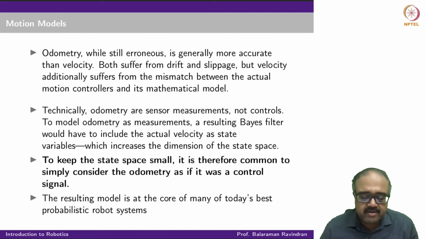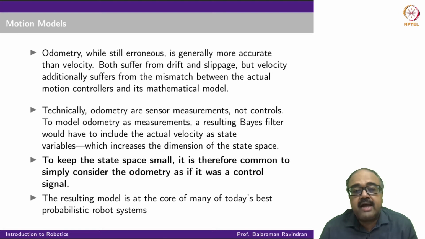We have some kind of mathematical model that describes how the velocity maps to the movement, but again there could be mismatches in that as well. The odometry information is essentially the motion that actually happens, and that allows us to ignore the other errors that come from these modeling problems.